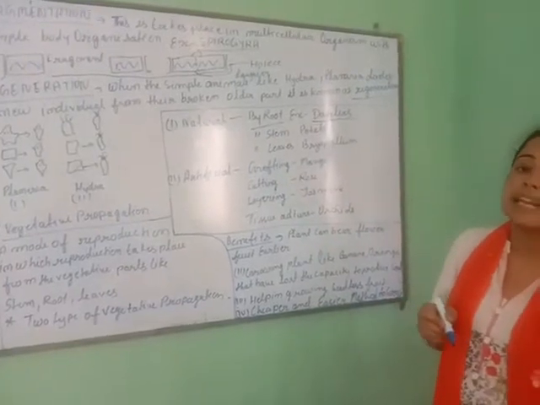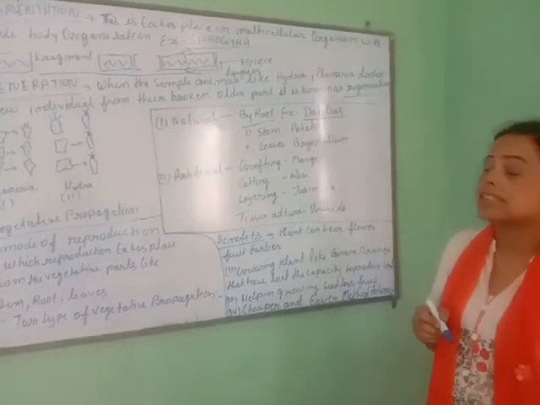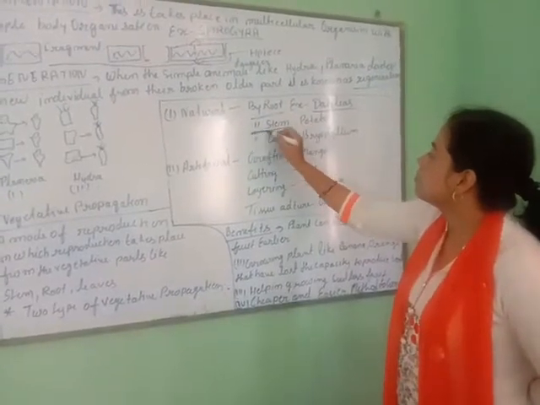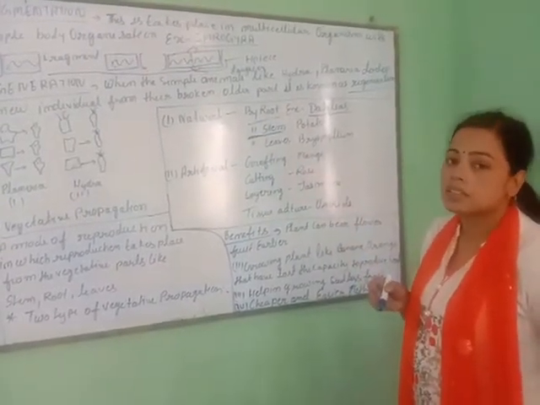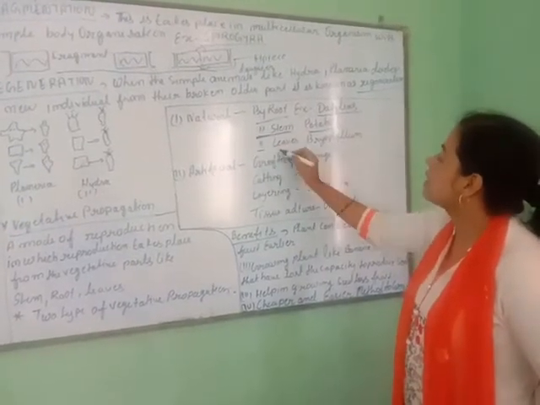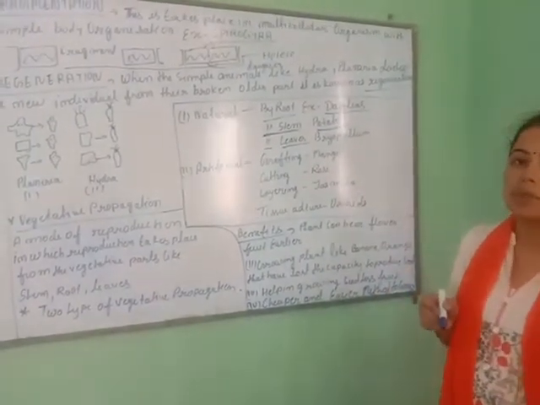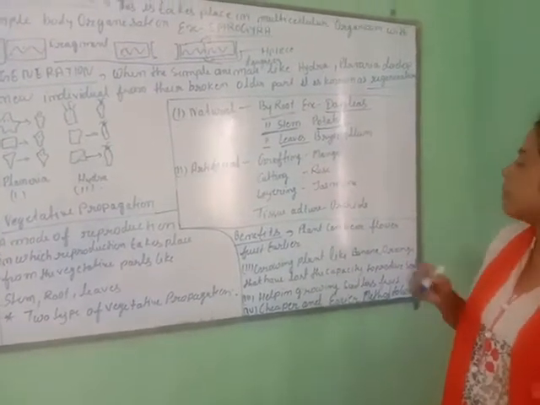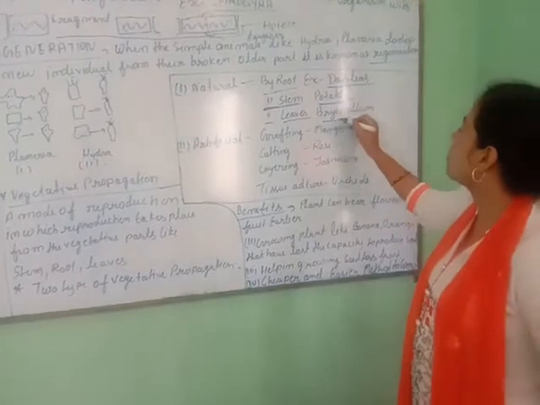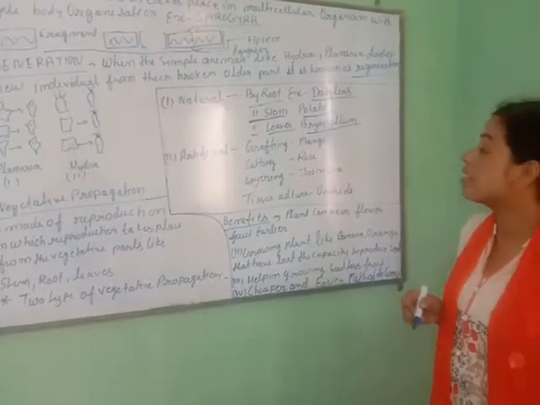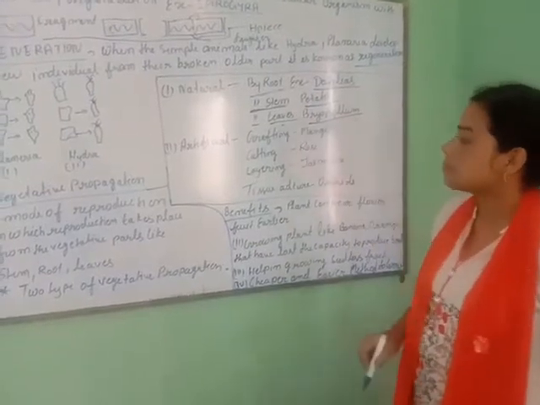If you have a dahlia plant at home, you can see this. By stem, potato. And the last one is leaves. Leaves are a very important part of natural vegetative propagation. This is the example of bryophyllum. All groups of bryophyllums are developed by the leaves.